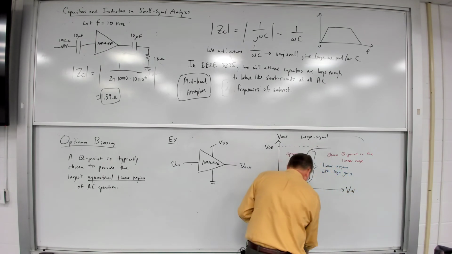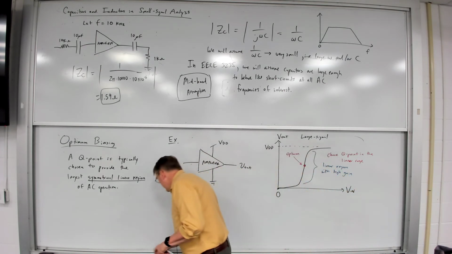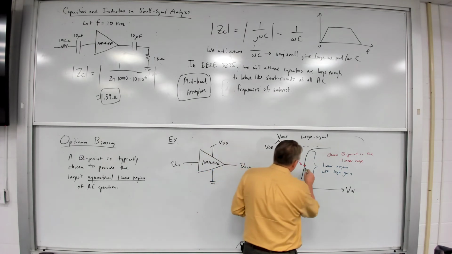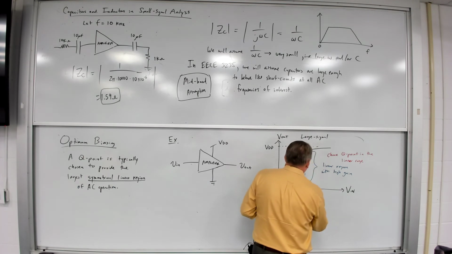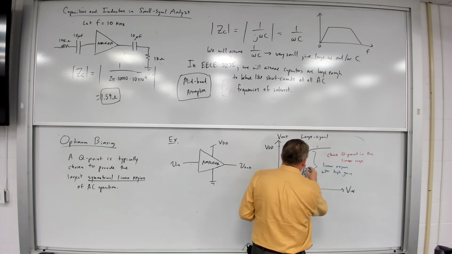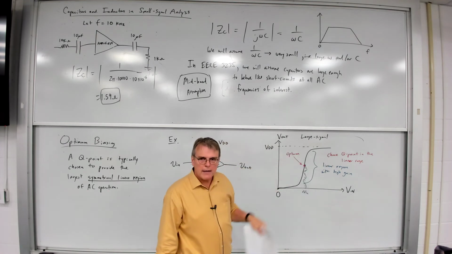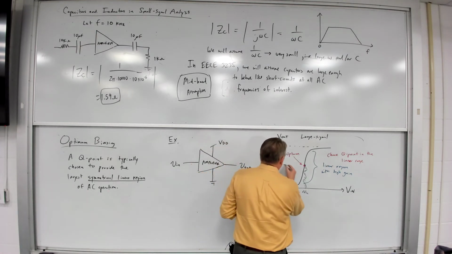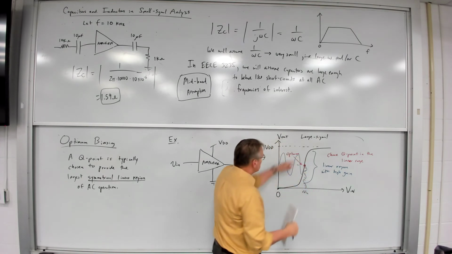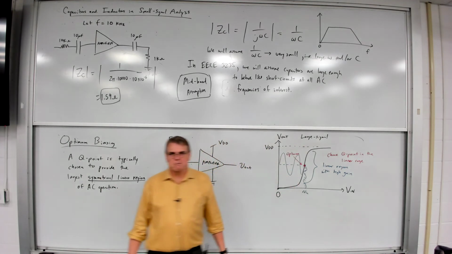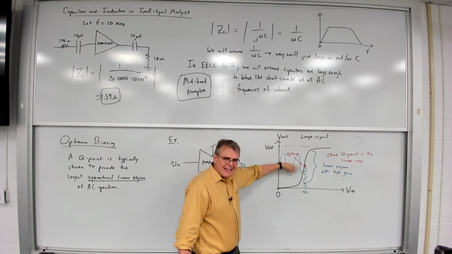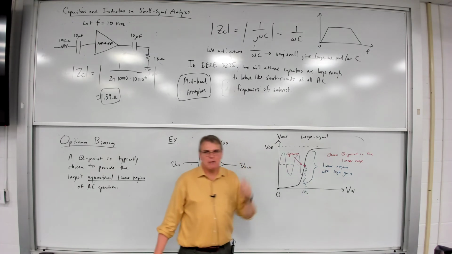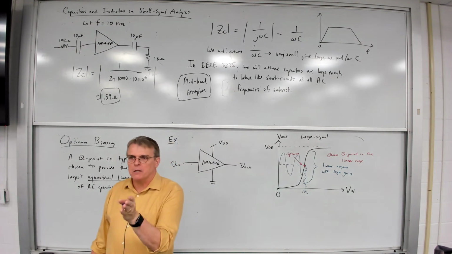Because if I pick this point here, and here's my Vin, then as I input an AC signal at this bias point, I'm going to get a nice, large, symmetrical signal that stays on this linear region. So the optimum point is typically going to be somewhere near the middle. Now, you can't always get it right in the middle, but you always want to try to get it in a region where it's close.